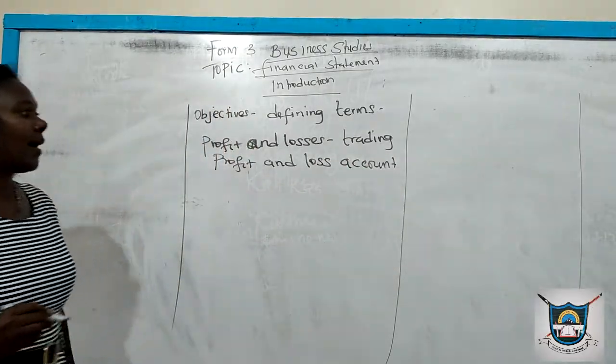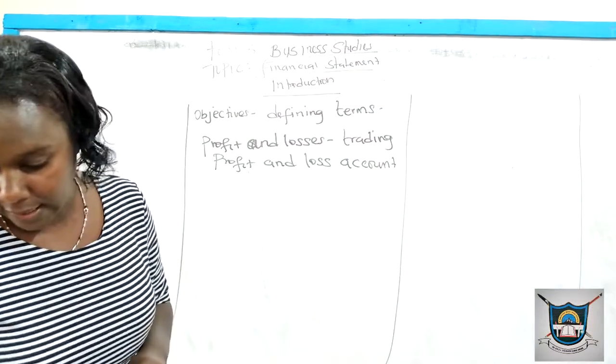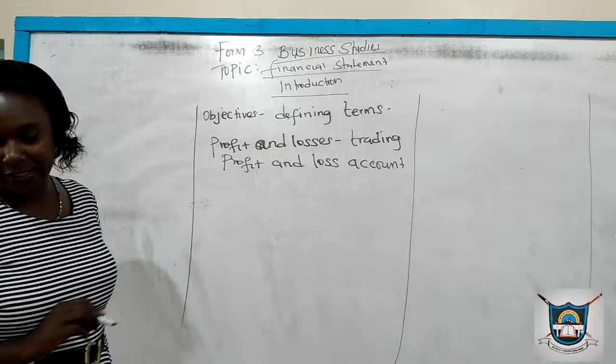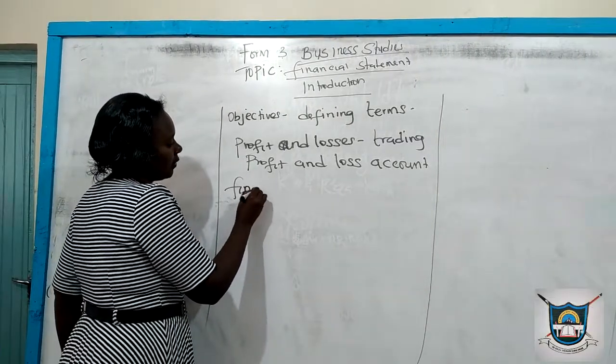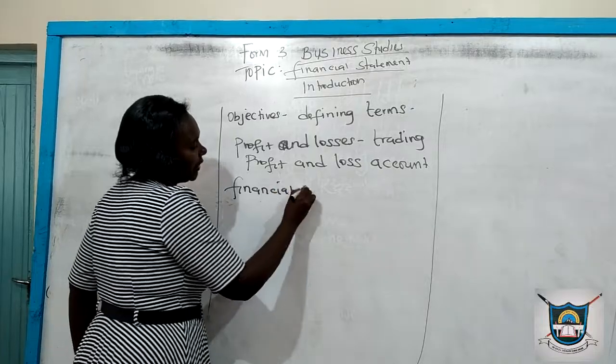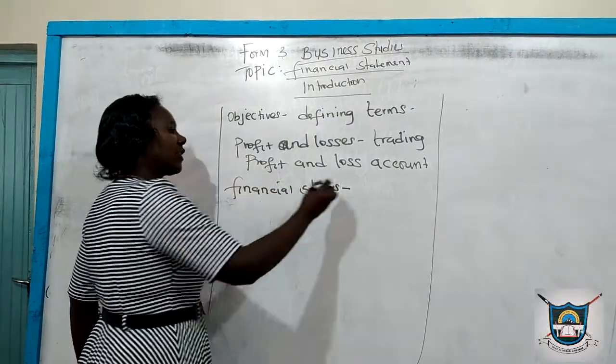That is the statement that helps us to get profit and losses, while the financial status of a business is shown using the balance sheet.